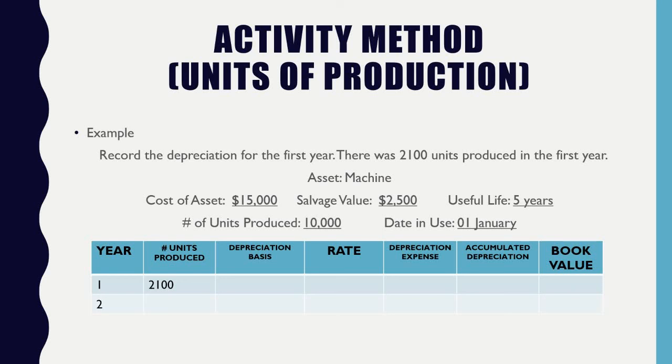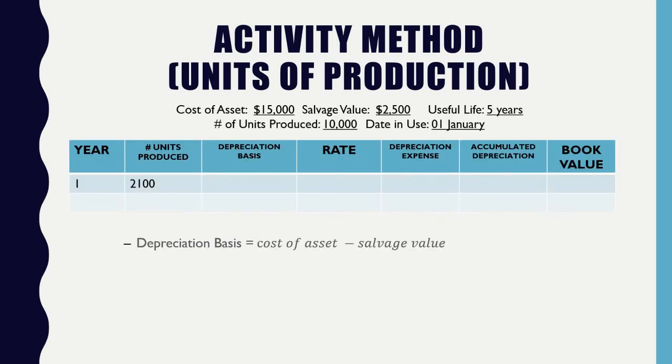Okay? So first thing is I'm going to solve for my depreciation basis. Again, my depreciation basis is going to be my cost of the asset minus my salvage value. So what is that? 15,000 minus 2,500. Which gives me what? 12,500.